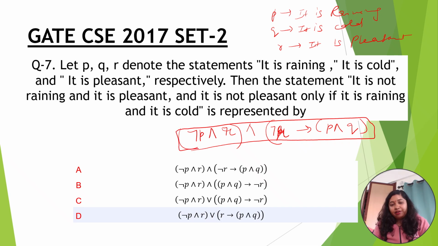When you write according to this statement, we will be getting this option, and this is matching option A. Okay, so the condition is given here, and it is not pleasant only if it is raining and it is cold. Okay, that's all for this question.